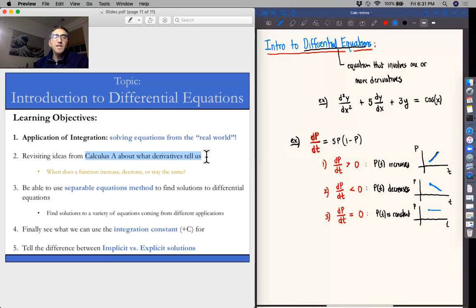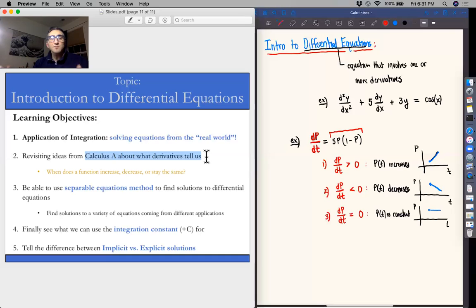So this is just to give you an idea of the information that Calculus A ideas give us. What is happening on the right-hand side of dp/dt tells us something about the solution p: is it increasing, decreasing, or constant? That can all be discerned from investigating the right-hand side of this differential equation.